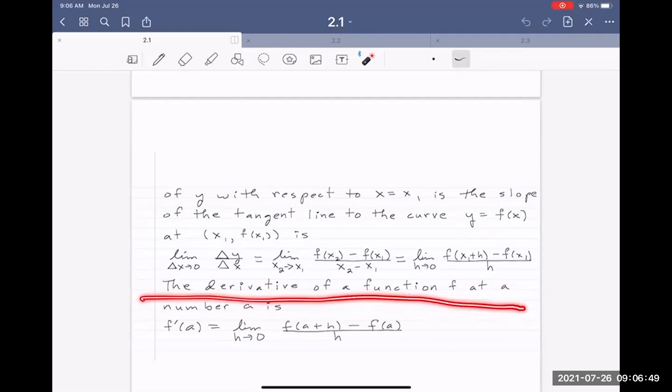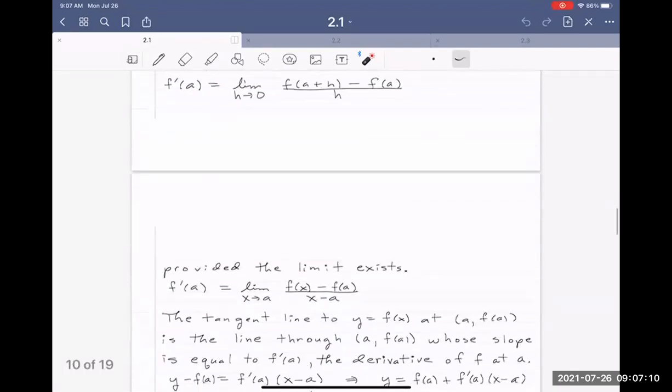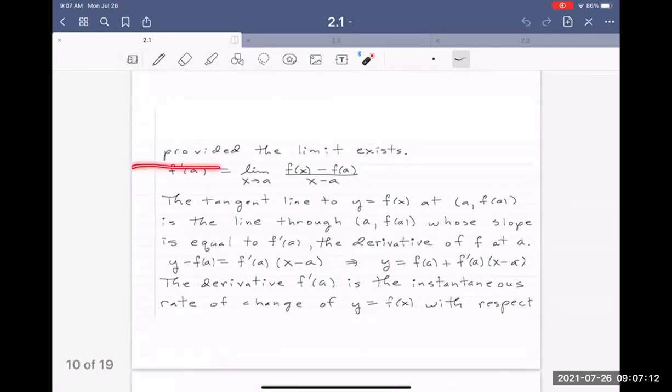The derivative of a function f at a is f prime at a, equal to the limit as h approaches 0 of f of a plus h minus f of a over h, provided, of course, that the limit exists.